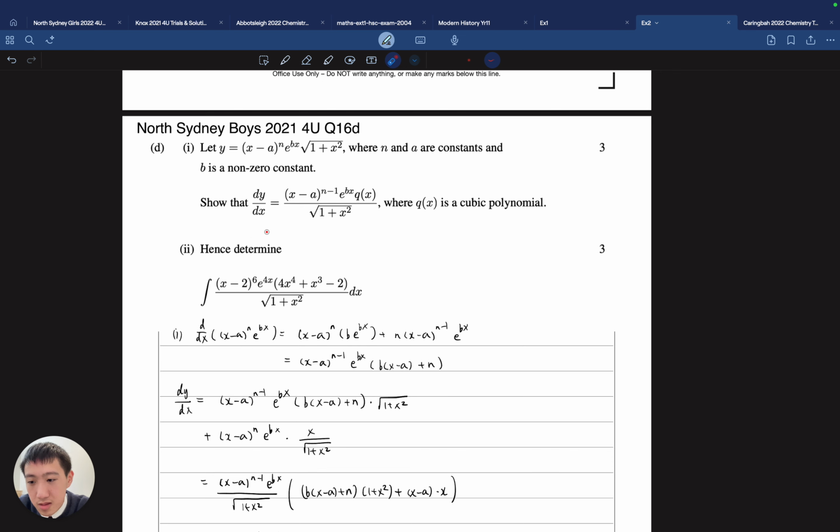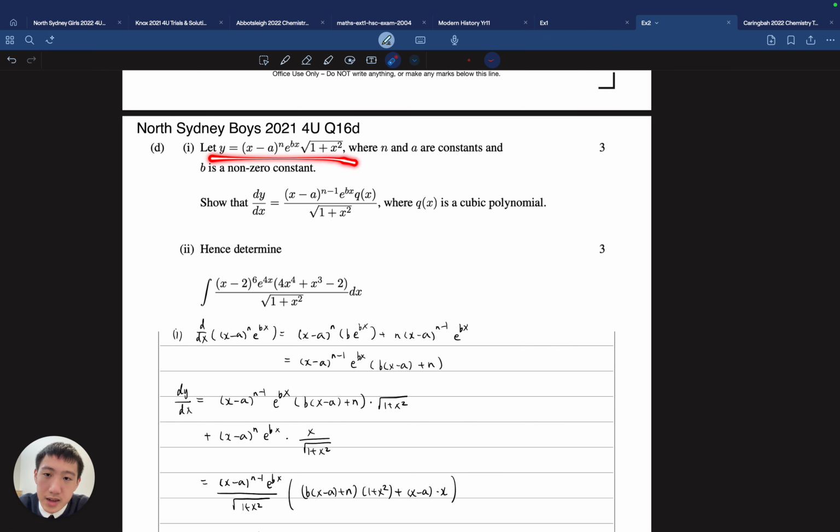After you do the inverse operation, which is to integrate both sides, you'll be able to get this, right? If you integrate the derivative, you get the original function.